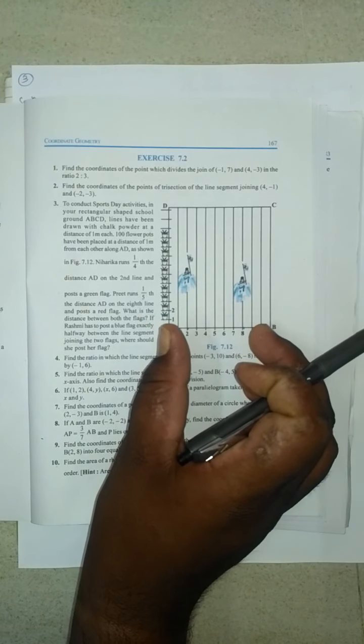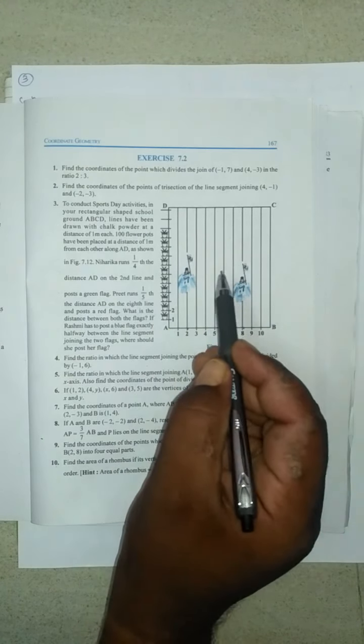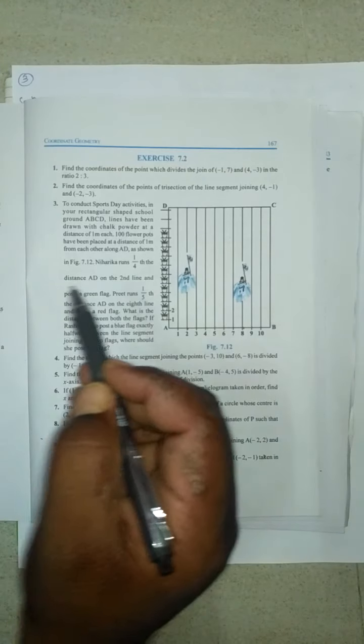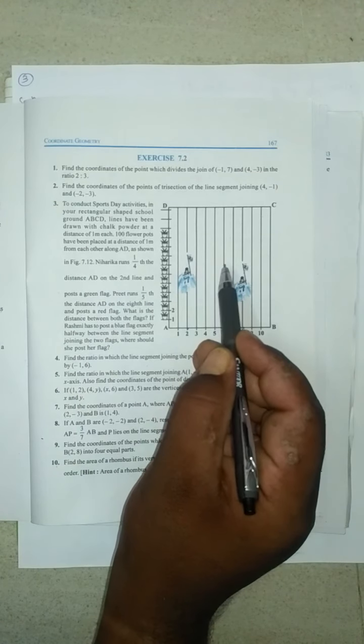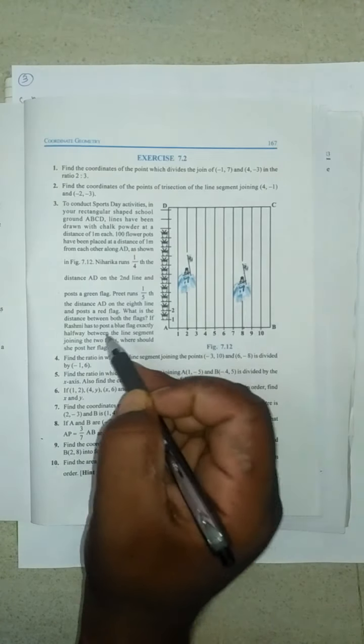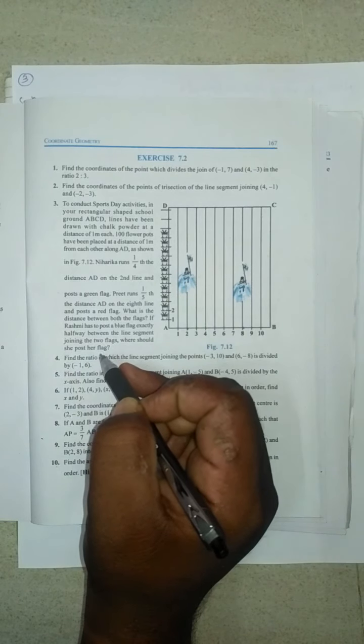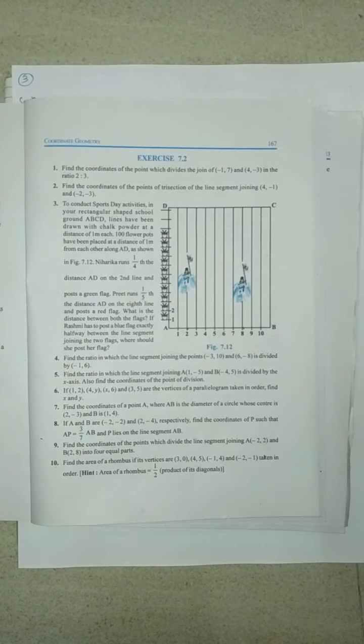After finding distance between them, we have to find out midpoint for that. At that midpoint of these two flags, Rashmi is going to post her flag. Now we have to write solution for that.